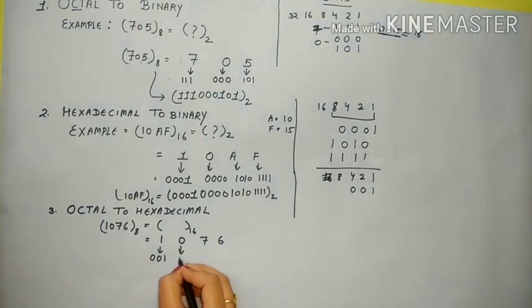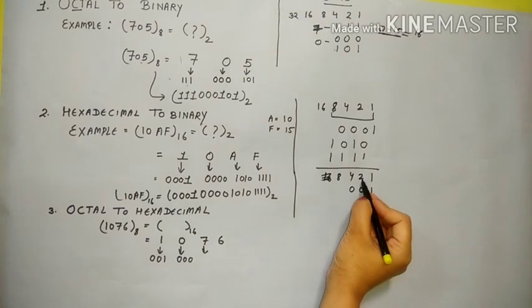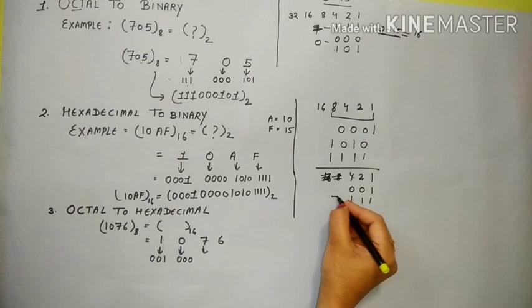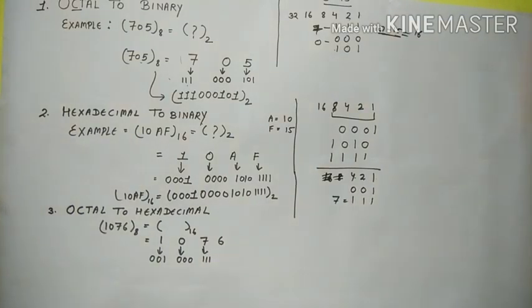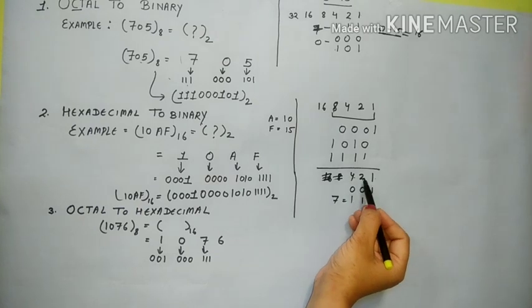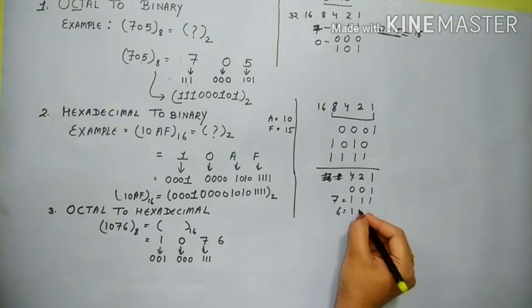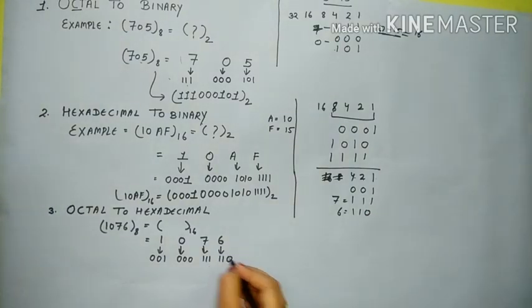For 0, obviously 3 times 0. For 7, find out 4 plus 2 plus 1, 7. So here 1, 1, 1 for 7. For 6 we need 4 and 2; if we put 1 and 1 and 0 for the last, it will be equivalent to 6. So it will be 1, 1, 0.